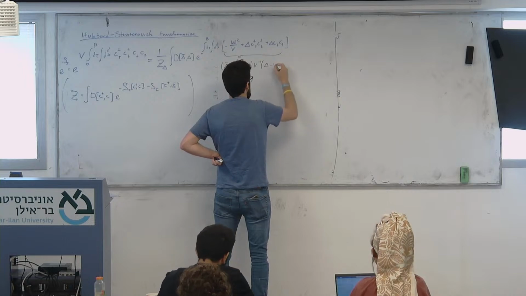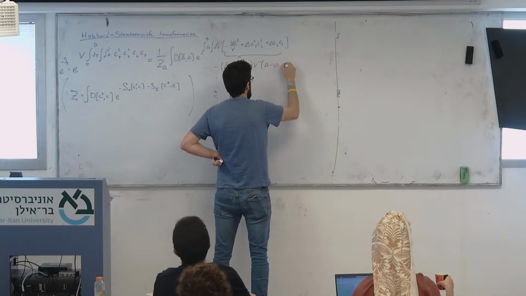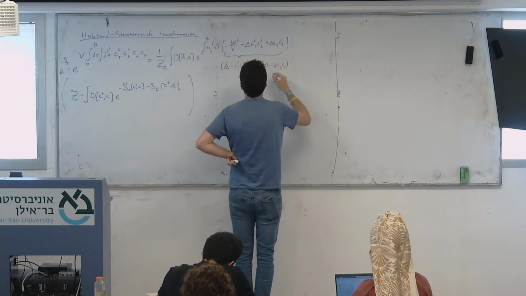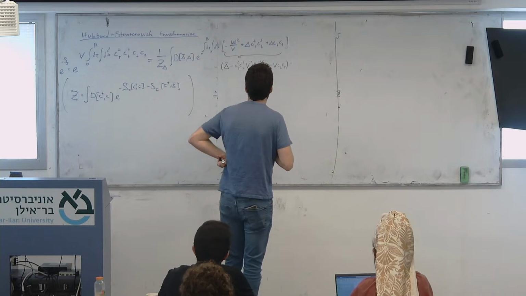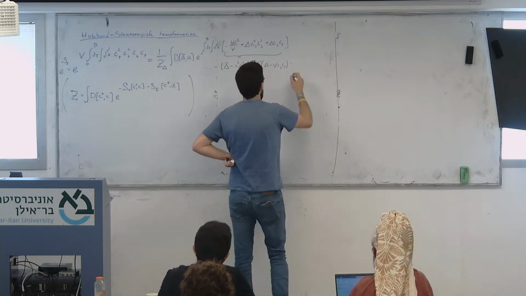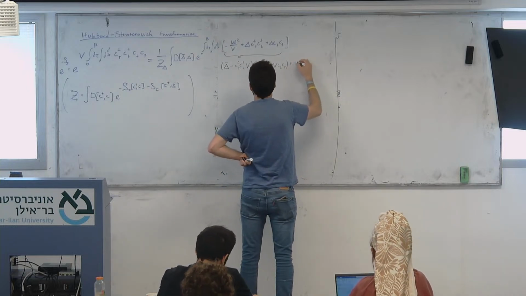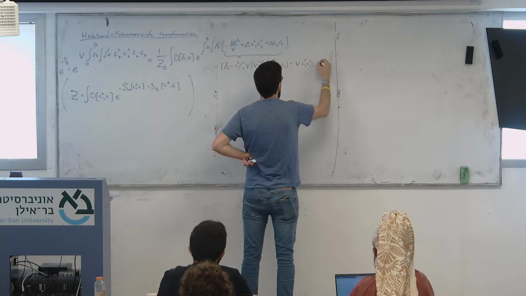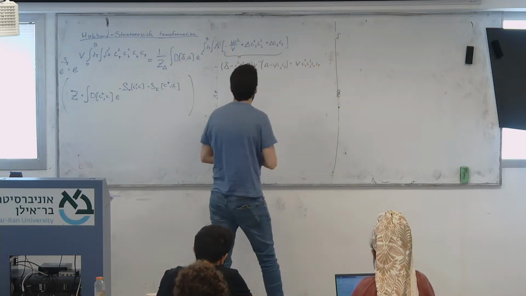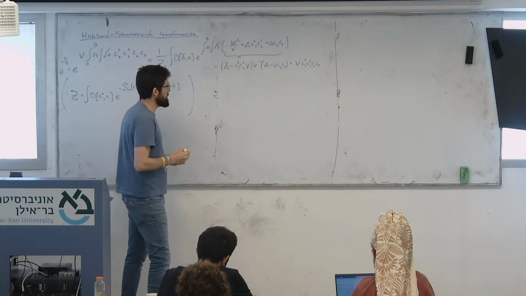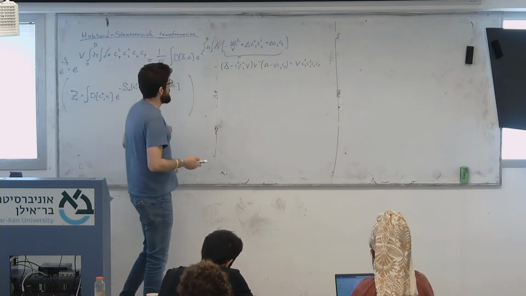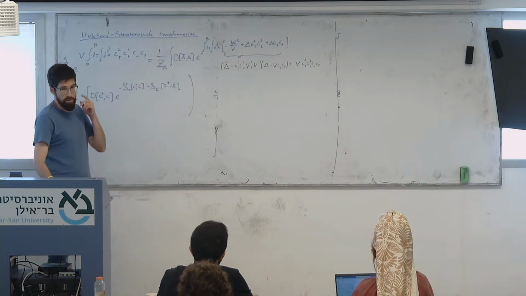Maybe let me write it like this: V c down, c up, minus, plus V c dagger up, c dagger down, c down, c up. Right? So this is what I meant by completing a square.